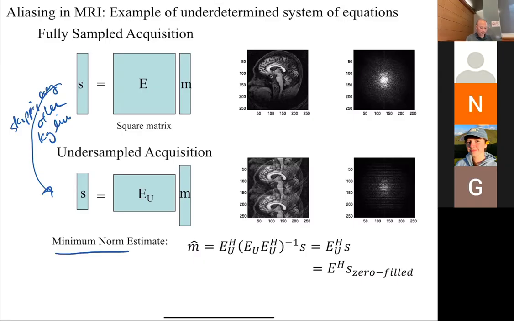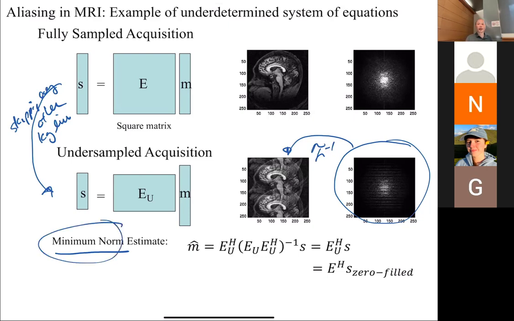Okay. And that's equivalent to just taking this, putting in zeros where you don't have data, and taking the inverse transform. So it turns out what you did in your homework when you got these alias images is exactly this minimum norm estimate. Okay. Of all the possible solutions, it's the one that has the smallest size.